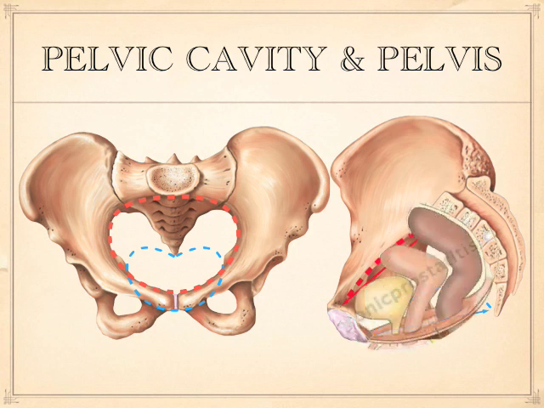The organs like your bladder, a woman's uterus, your rectum, from your large intestine, all of these things live down in this pelvic cavity here.